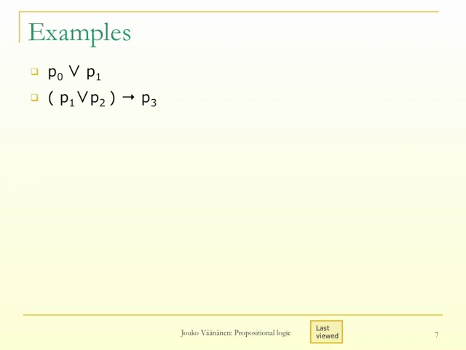Our second formula is an implication between a disjunction and an atomic formula. (P1 or P2) implies P3. Intuitively, this formula says that if either P1 or P2 is true, then so is P3. But we have not yet defined the meaning of propositional formulas.